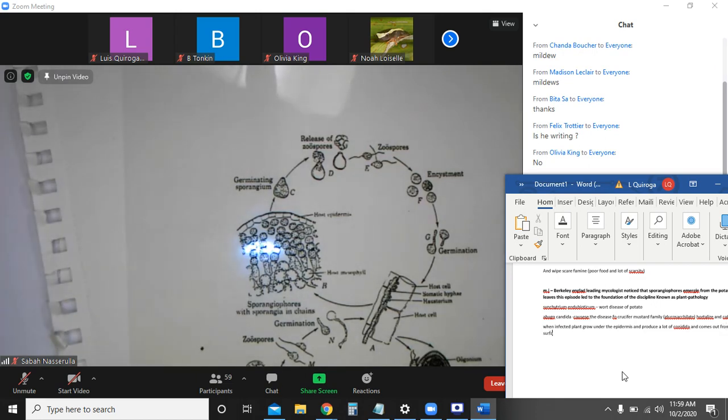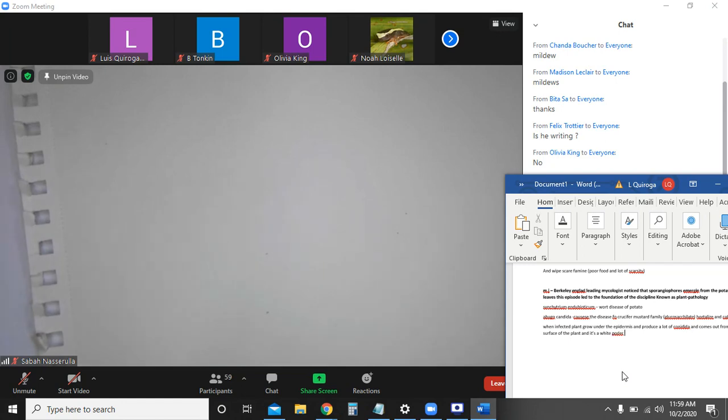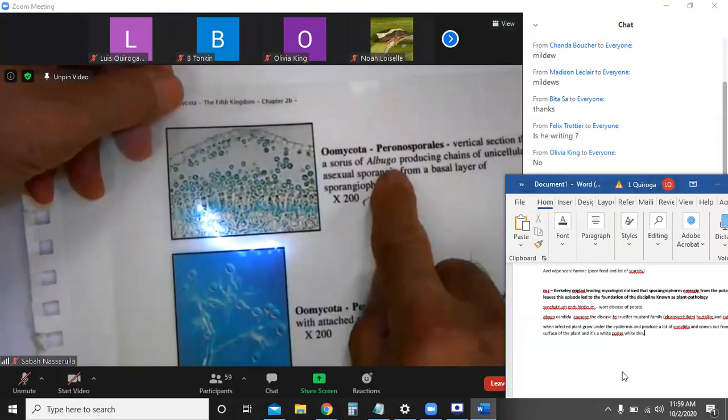So you follow what I'm saying here. Basically that's how it grows. This is a color picture of Albugo candida.